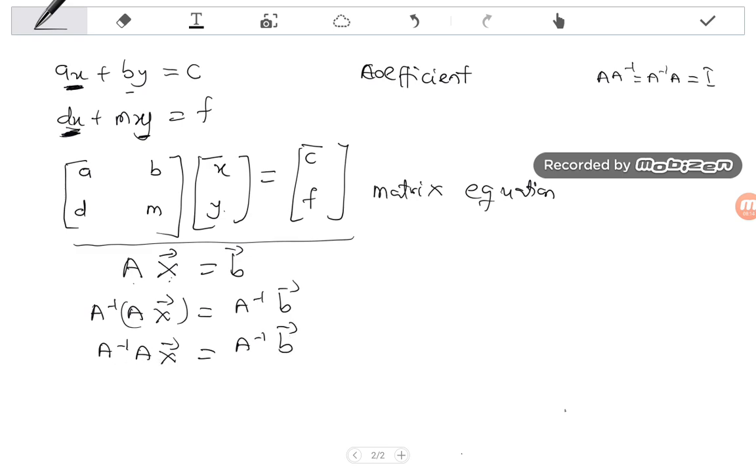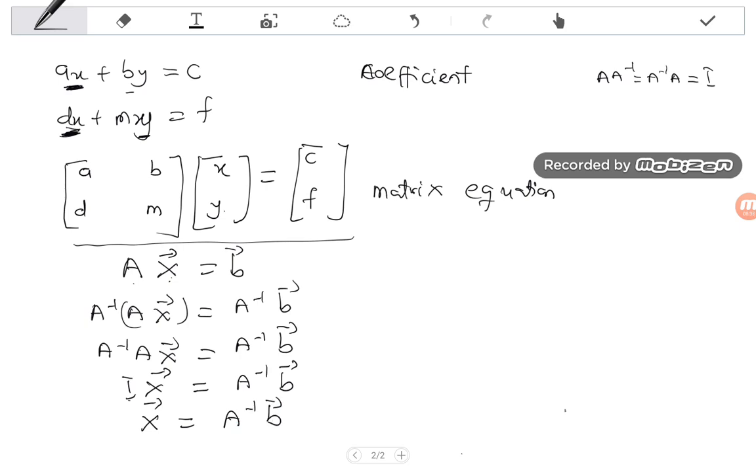Now A inverse times A is the identity matrix times the vector x. This is equal to A inverse times the vector b. Now the identity matrix times any other appropriately sized matrix gives you the same matrix. Right, so this is going to be x is equal to A inverse times b.